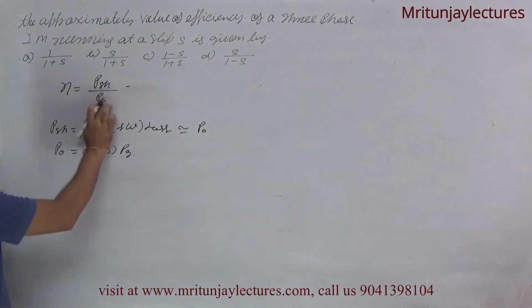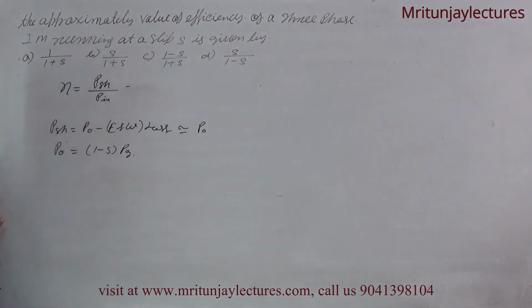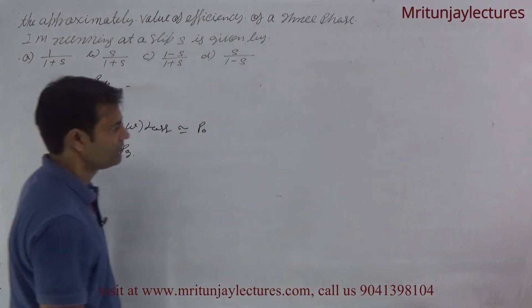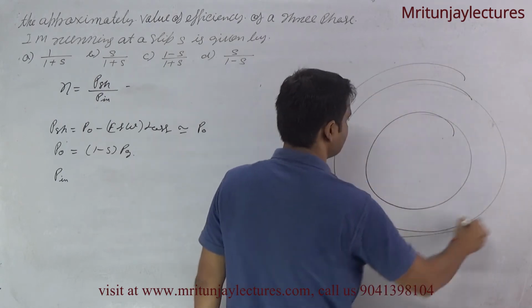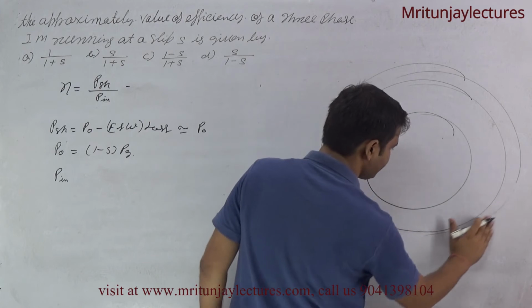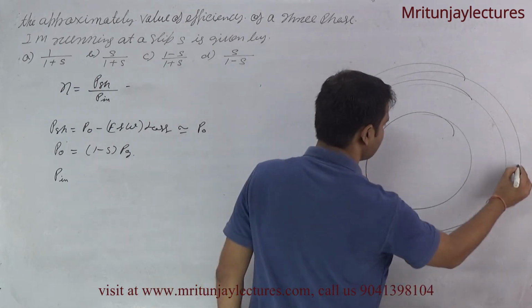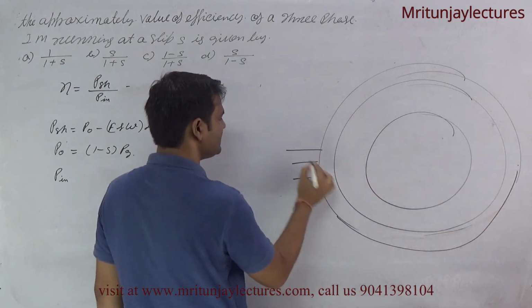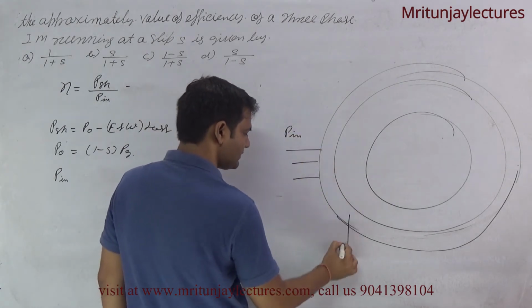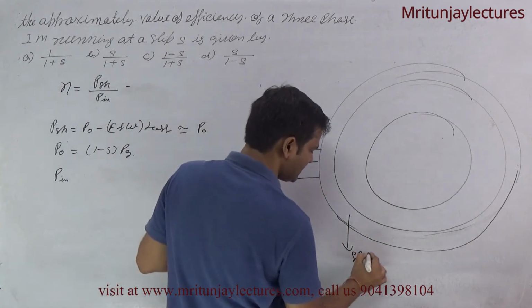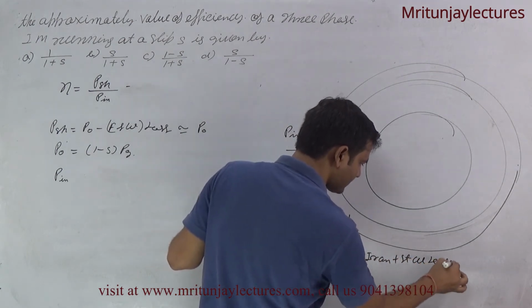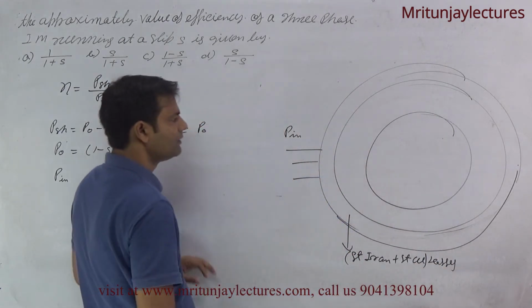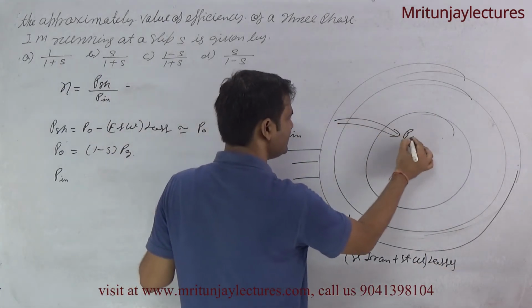Now that is the gross mechanical output power divided by P input. And P input: first of all, you know that this is the rotor and that is the stator. If a three-phase supply is given to the stator, that is P input, with some losses here, stator iron loss and stator copper loss. And that is PG.